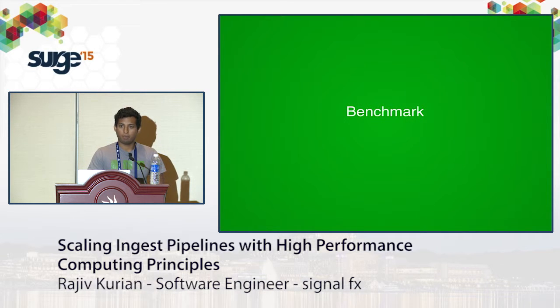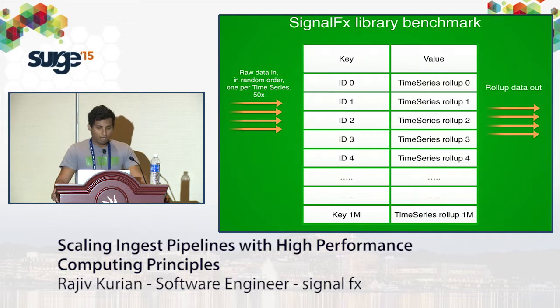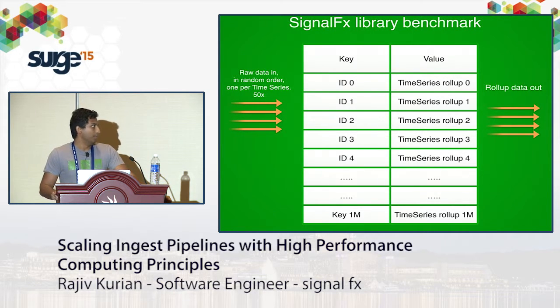So let's talk about a micro benchmark that we're going to actually use for the rest of the presentation, contradicting ourselves a little bit. Like we said in the abstract, our time series are keyed by ID. It's a 64-bit ID, and there's some data for each time series. It's not really important what it is. For our micro benchmark, we have 1 million of these time series.